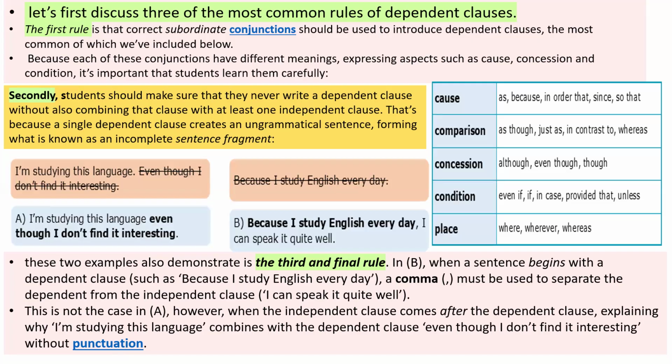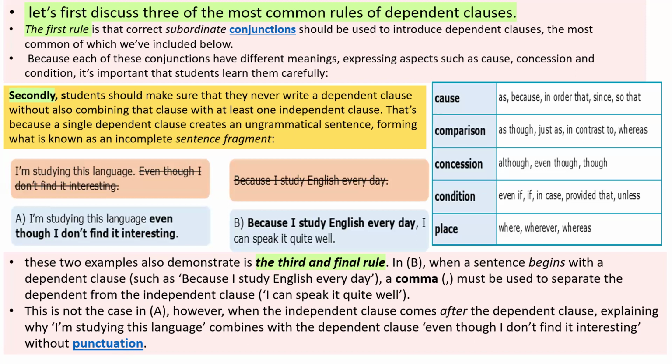Example: I am studying this language even though I don't find it interesting. The correct sentence is: I am studying this language even though I don't find it interesting.